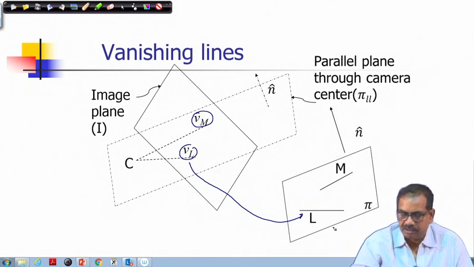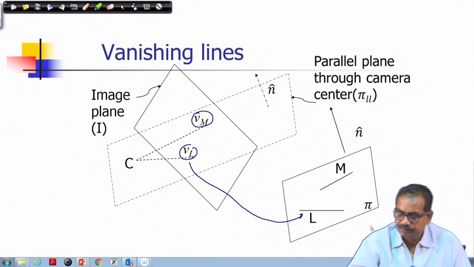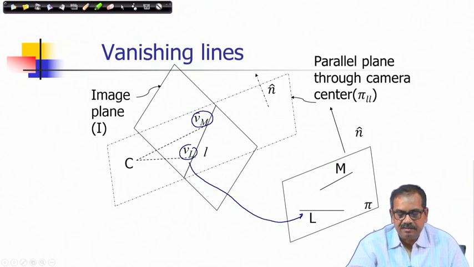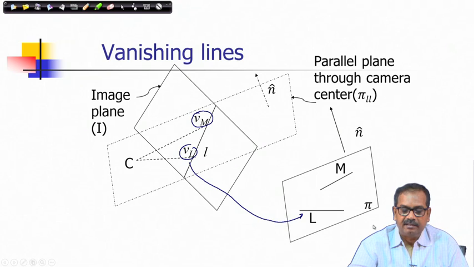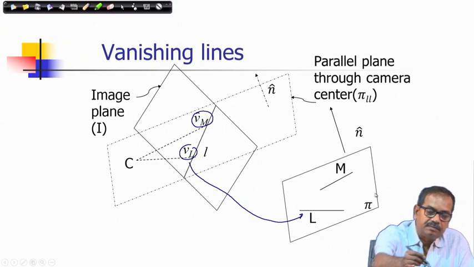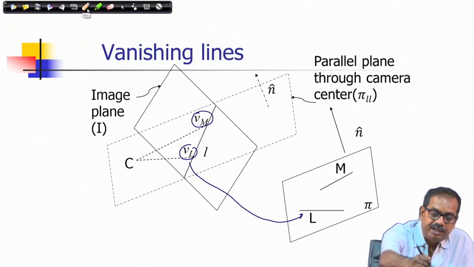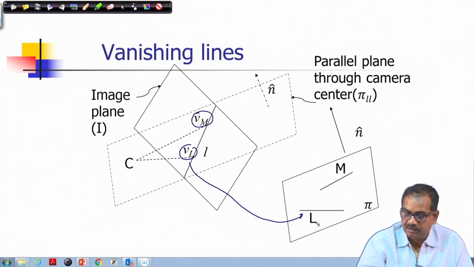So, we can define the vanishing line L in this way: it is the intersection of these 2 planes, that means the parallel plane through the camera center, parallel to the plane which we are mentioning here, and the image plane.